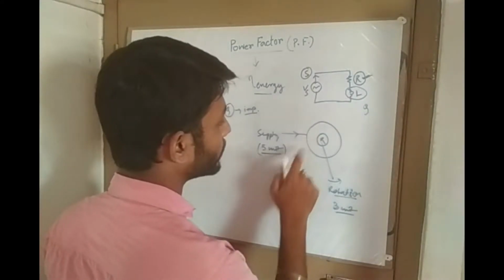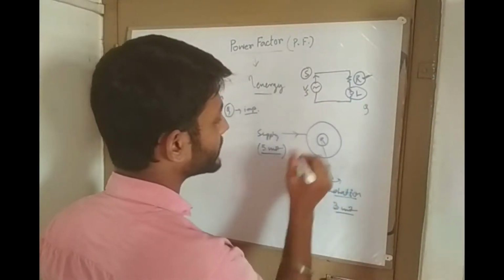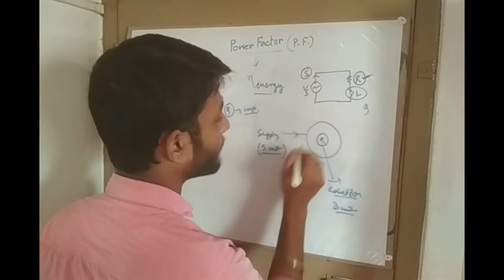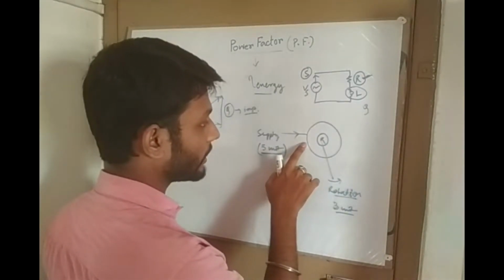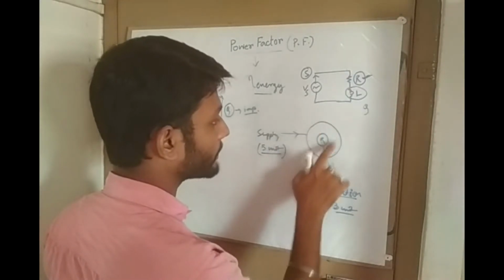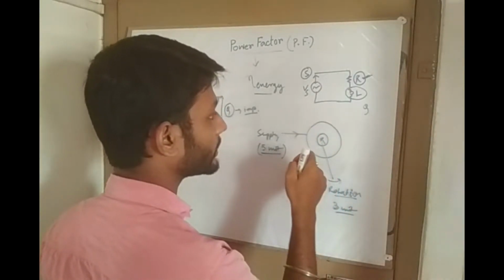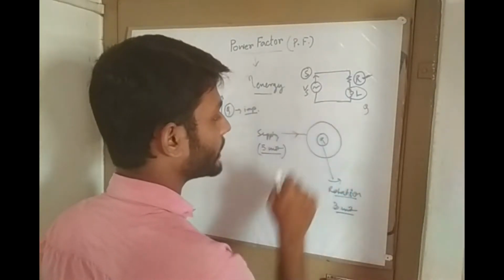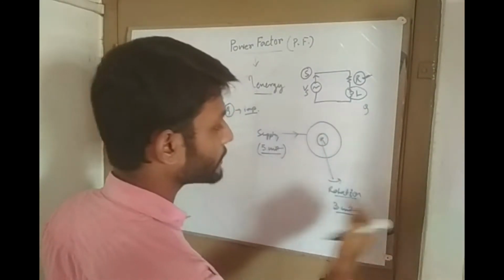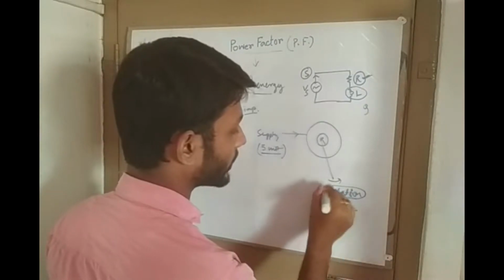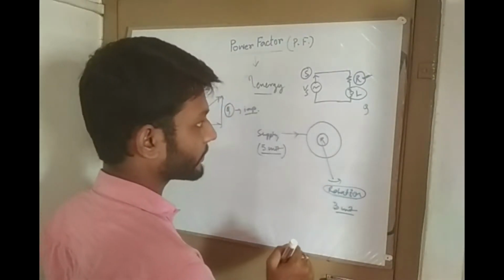Here in case of motor, this Q is being used in terms of magnetic field. We are giving supply to the stator, but because of this air gap there is some reactive part, and that Q is being used to induce some voltage in the rotor, then the rest of the process, the rotation, we are getting.